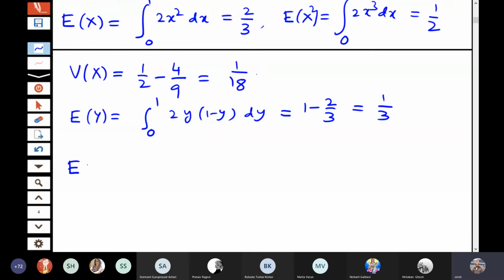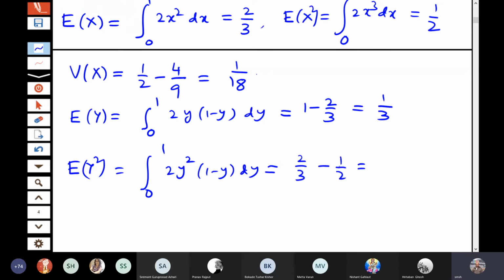Then you can calculate expectation of y square, that is integral 0 to 1 of 2y square into 1 minus y dy. So that is 2 by 3 minus 1 by 2, that is 1 by 6.